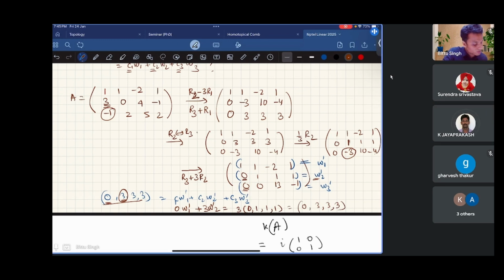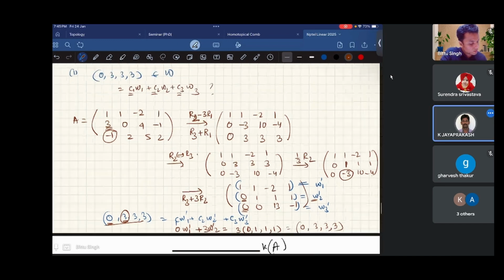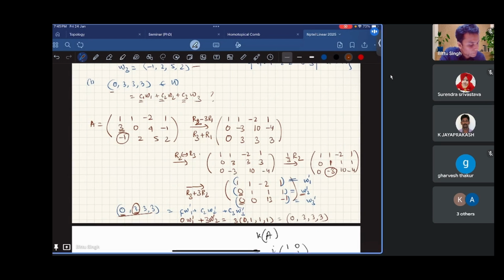So this element can be expressed as a linear combination of W1 dash, W2 dash, W3 dash. Hence, it can also be written as a linear combination of W1, W2, W3.